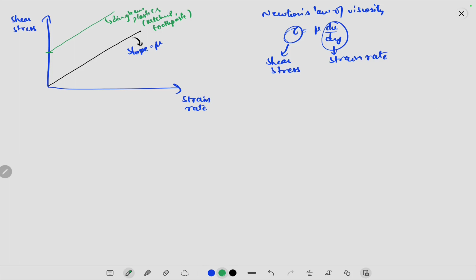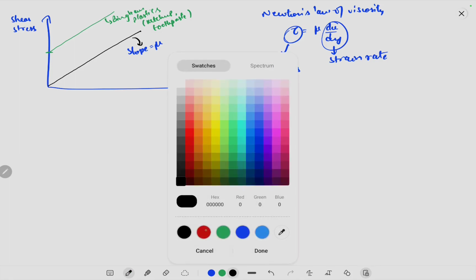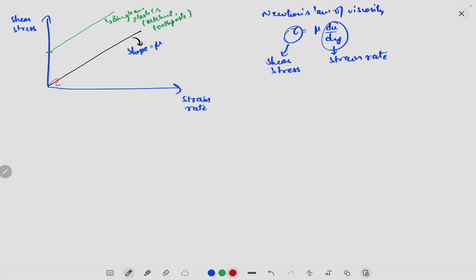There is some other category of fluids that follow this kind of behavior. Such kinds of fluids are called shear thickening fluids. The example for such fluids is cornstarch.